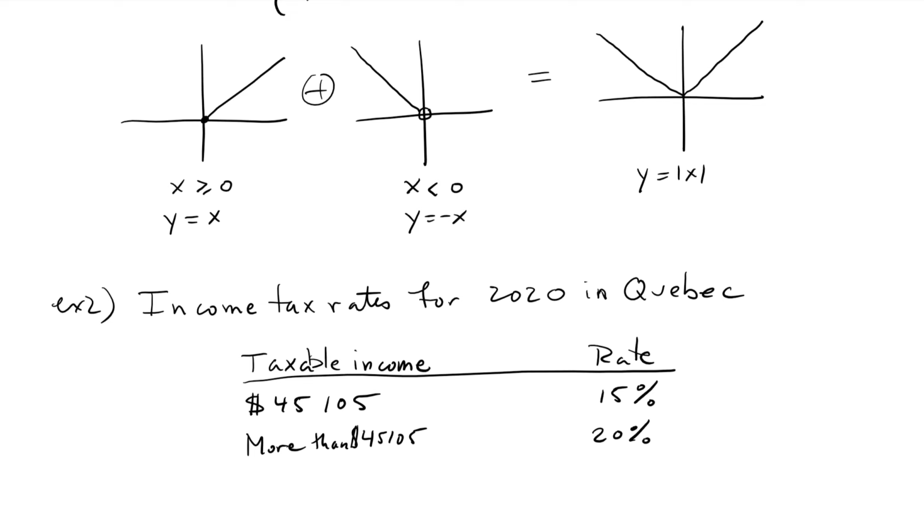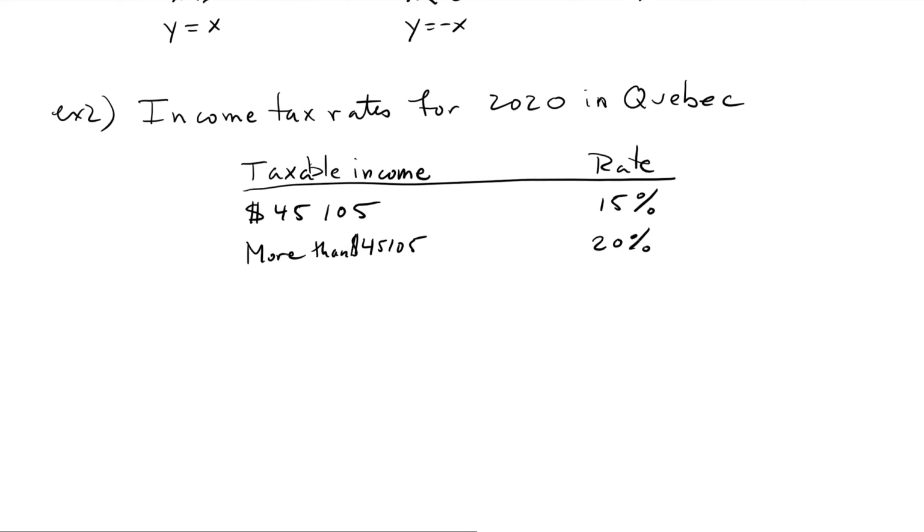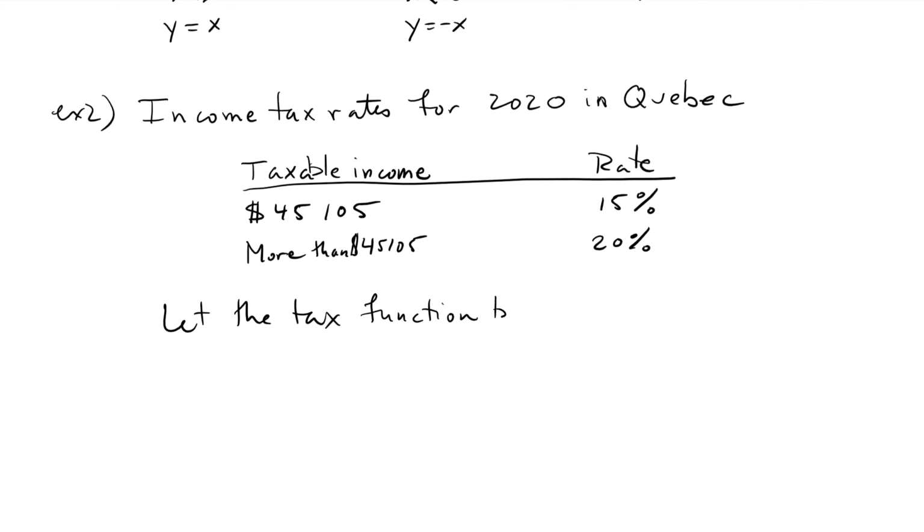So we're going to call the tax function T, to see how much tax you pay, and I'll call X my input, the taxable income.